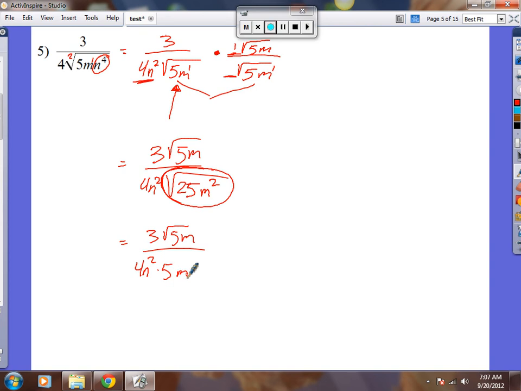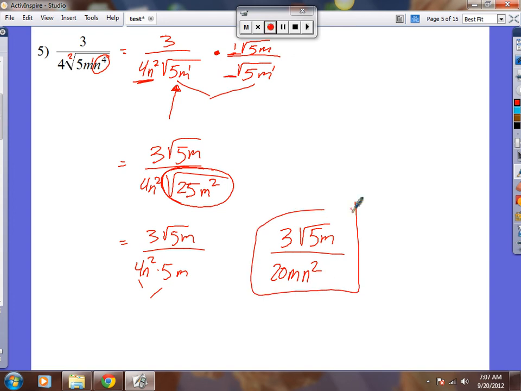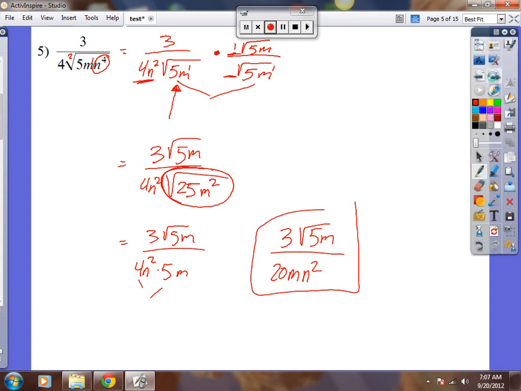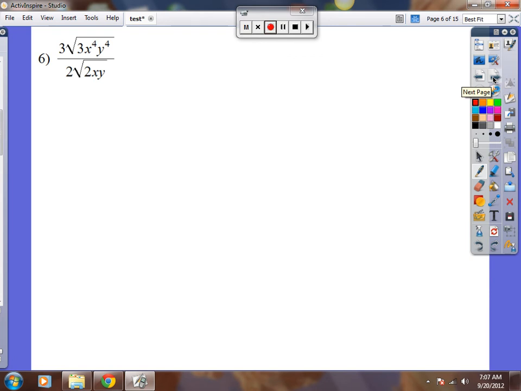So your final answer on top, you've got 3 times the square root of 5m. On bottom, 4 times 5 is 20 mn squared. Done. Okay, your last fraction, number 6.